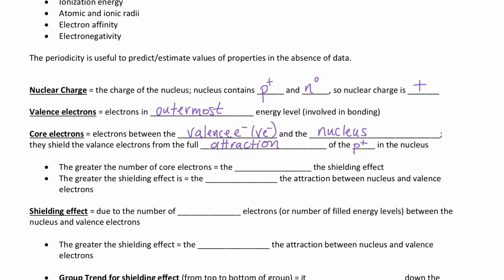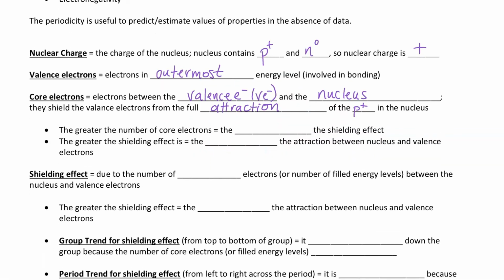All right, what's the relationship between number of core electrons and shielding effect? More core electrons means a higher shielding effect. Okay, the greater the shielding effect, what happens to the attraction between the nucleus and the valence electrons? It's going to be less. It's going to be weaker. Good.